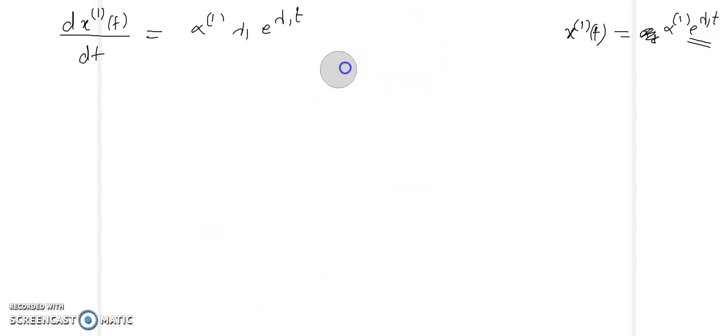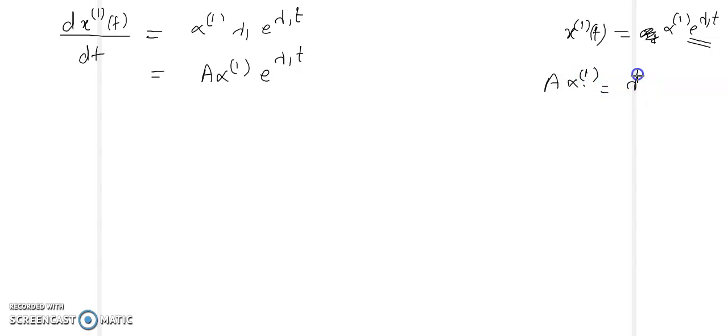So this will be equal to alpha 1. You have lambda 1 alpha 1, and lambda 1 alpha 1 is equal to A alpha 1, so we are going to get A alpha 1 e raised to lambda 1 t, because we use the relation between eigenvalue and eigenvector again.